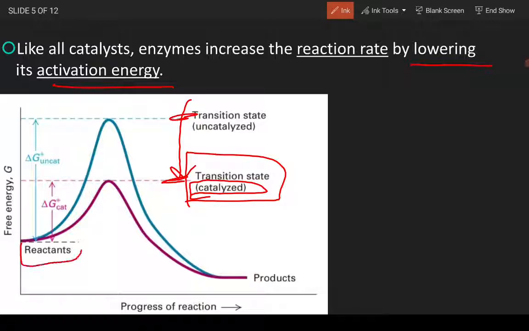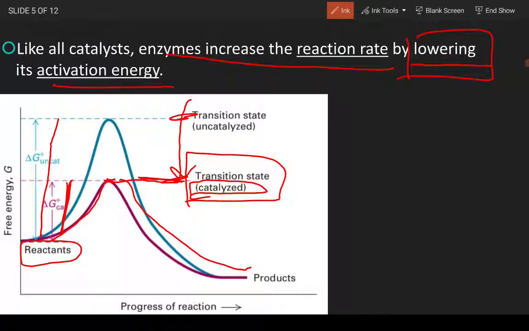So when there is a catalyst, the reactants only need this much activation energy and not this much. Only this much activation energy is needed to reach a new transition state which can form the product easily. This is how the catalyst increases the reaction rate, by lowering the activation energy.